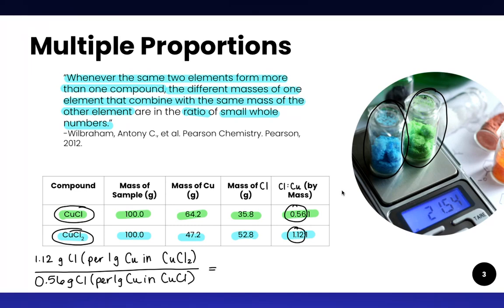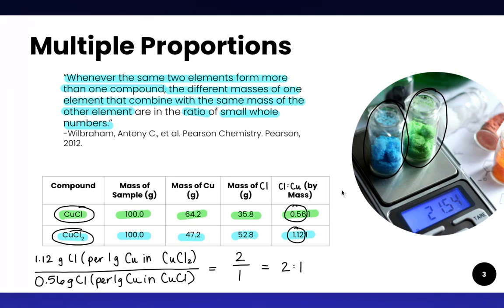If you divide those numbers, you will get 2/1. So the small whole number ratio between chlorine when compared to the same mass of copper is 2:1. And so that tells you that there are 2 chlorines in copper 2 chloride and 1 chlorine in copper 1 chloride.